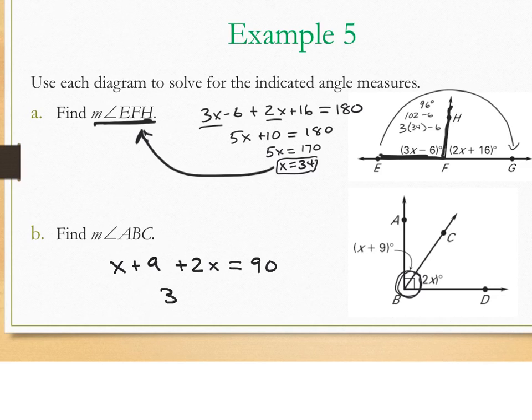So we get 3x plus 9 is equal to 90. Oh, I just gave away that answer. 3x is equal to 81. What is x equal to? 27.